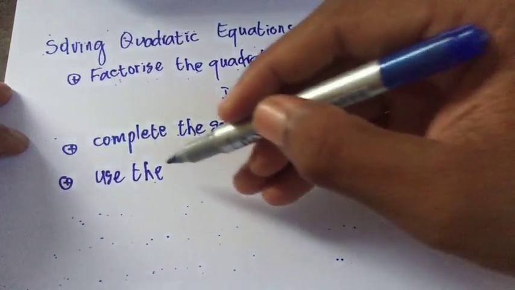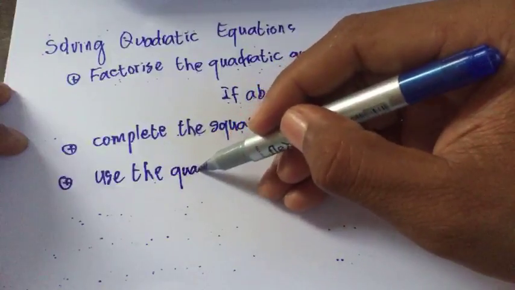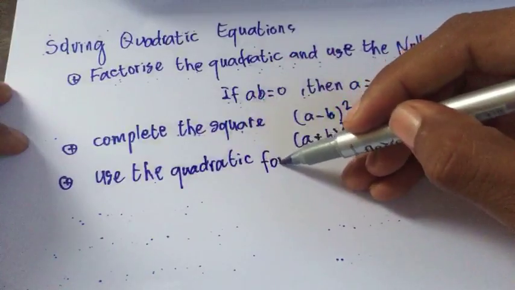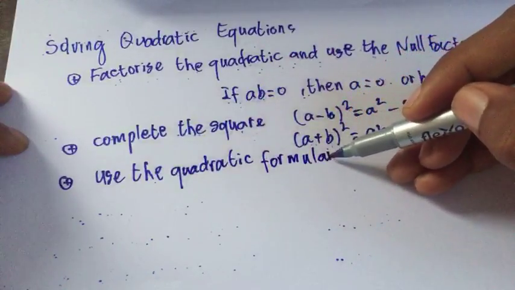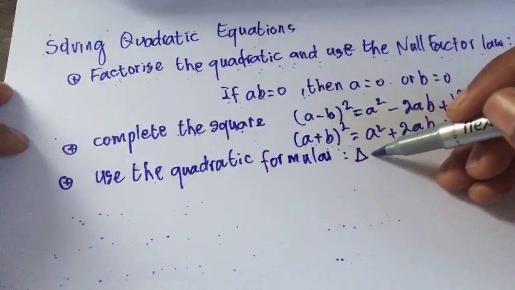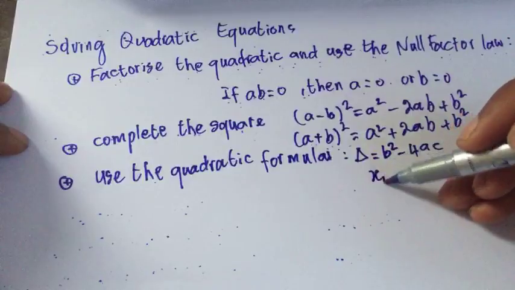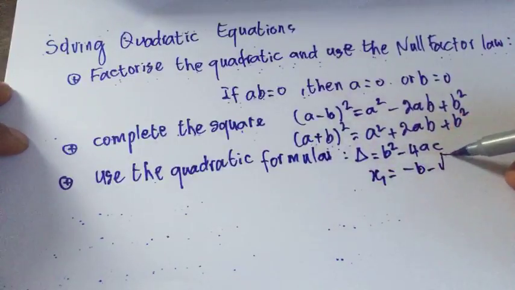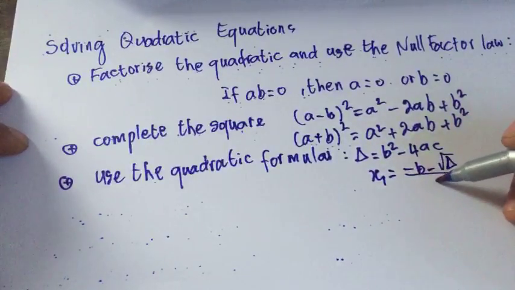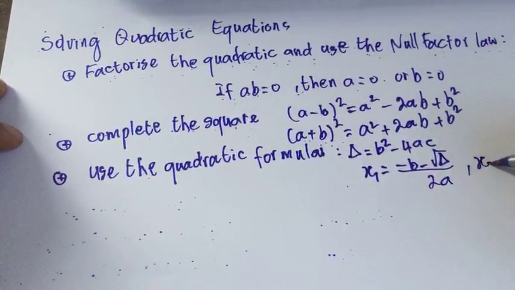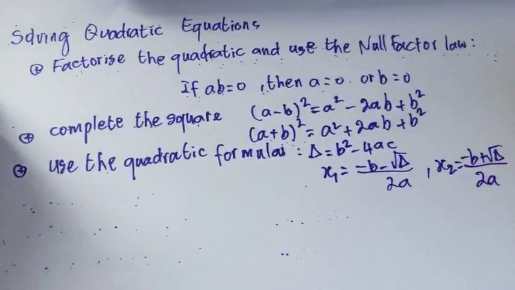Then use the quadratic formula. For the quadratic formula, delta equal to b squared minus 4ac, and x1 equal to minus b minus square root delta divided by 2a, and x2 equal to minus b plus square root delta divided by 2a.